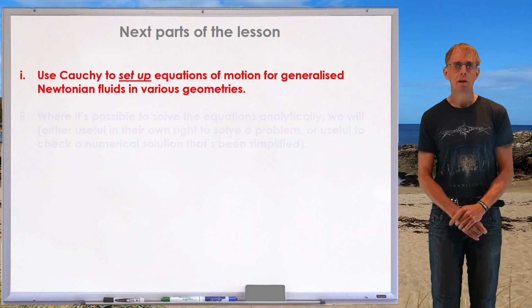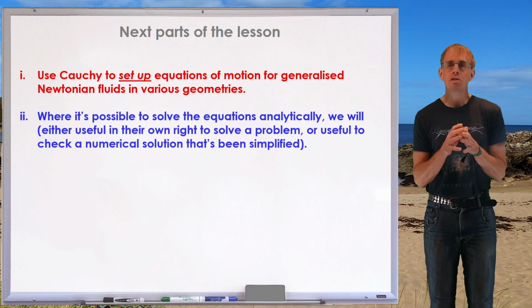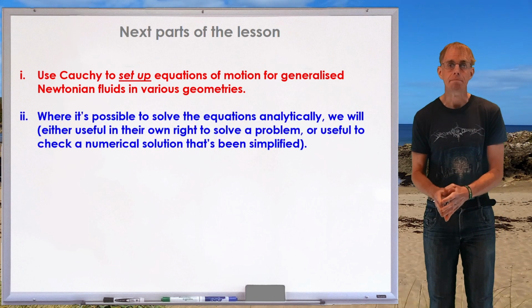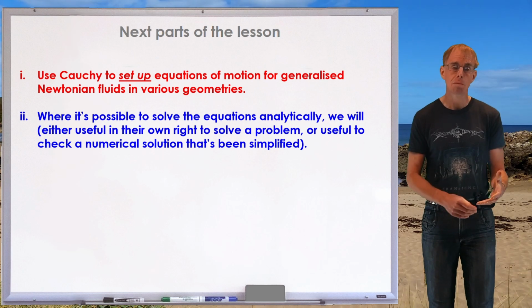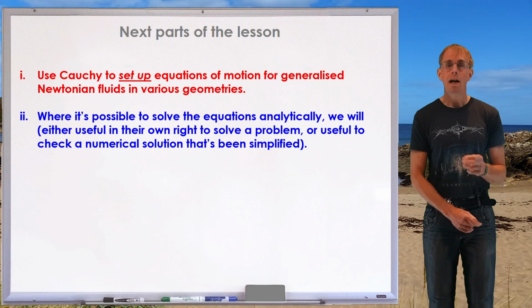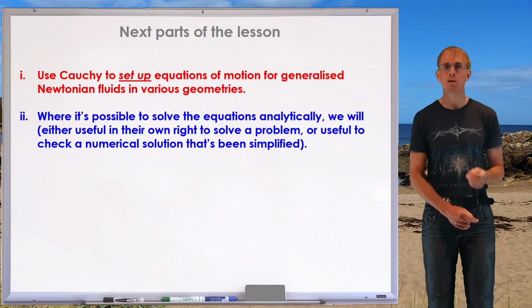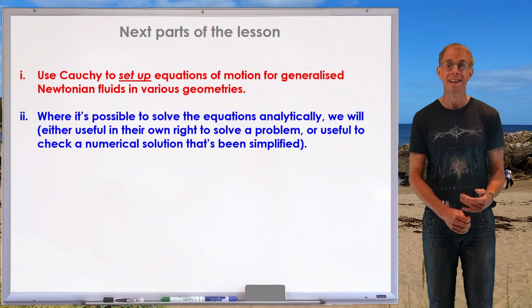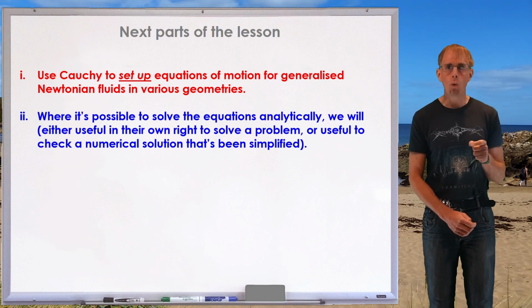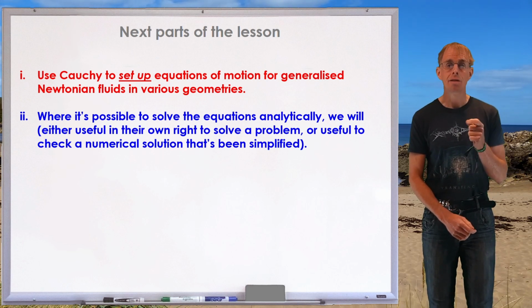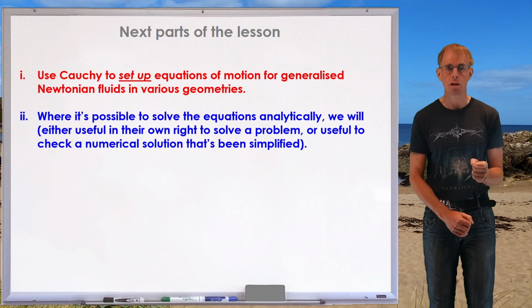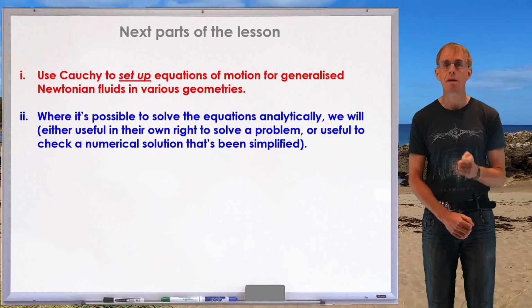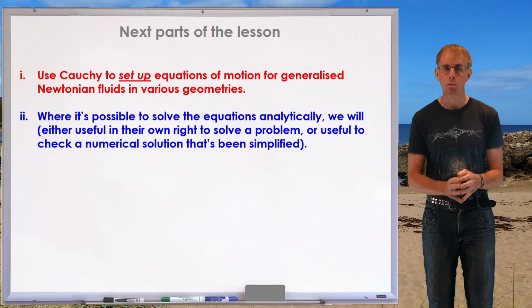Then what we're going to do is, where it's possible, once we've set that equation up, we're going to solve it. If it's possible to solve it analytically, we will. And the reason why is because analytical solutions have great utility, either in their own right as a way to solve or gain insight into a problem, or, and this is crucially important, to check a more complex numerical solution when the conditions of that numerical solution have been simplified down such that they will or should obey what the solution of the analytical model is.